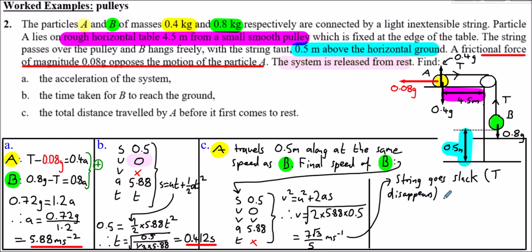So now what we can work out is the new acceleration of A. So with no tension, A now is going to be held back, it's going to be slowed down by this 0.08 g force. So now just thinking about A, its velocity is that way, but it's been held back by 0.08 g.